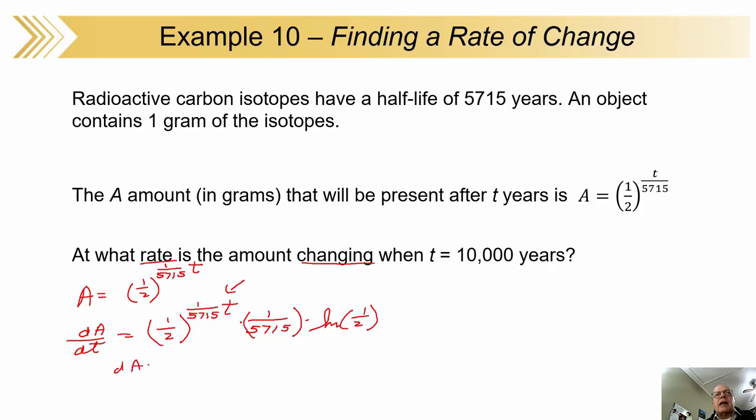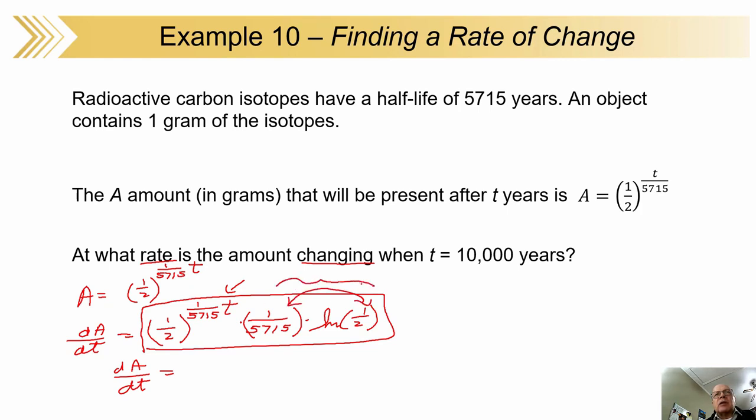So dA/dt equals, and let's see. Well, that's pretty much it. The best we can do would be to take these two numbers, multiply them together, and move the result out front.